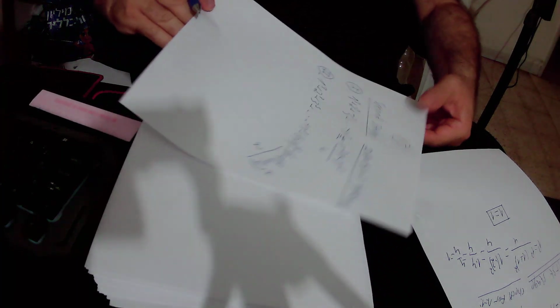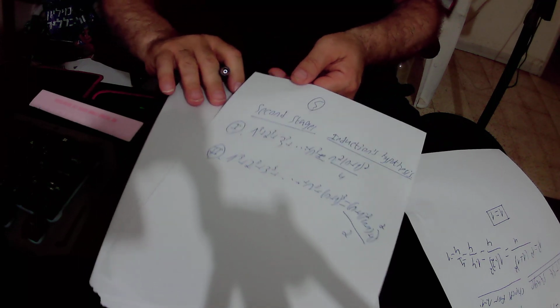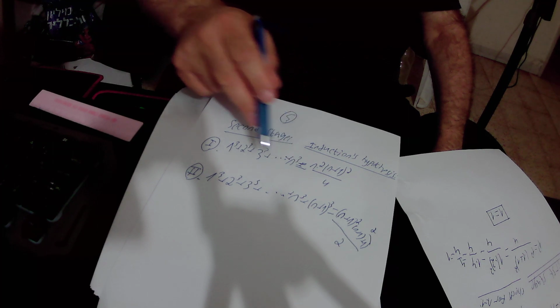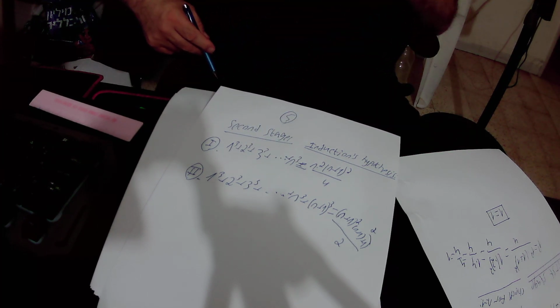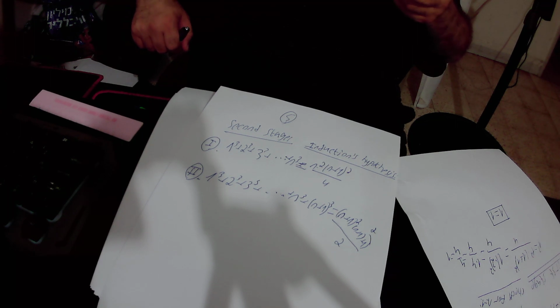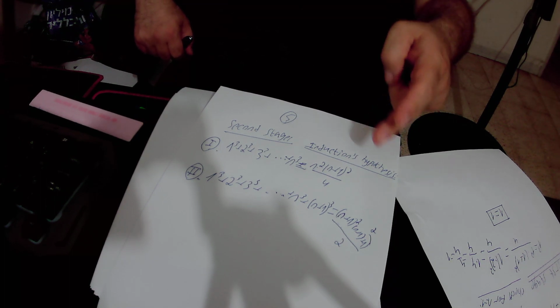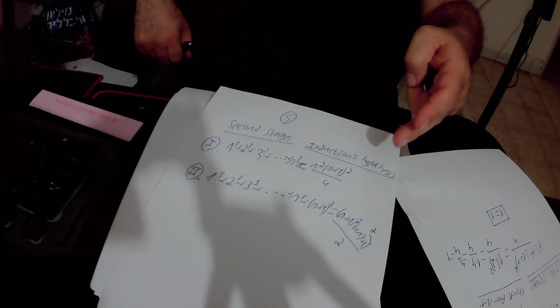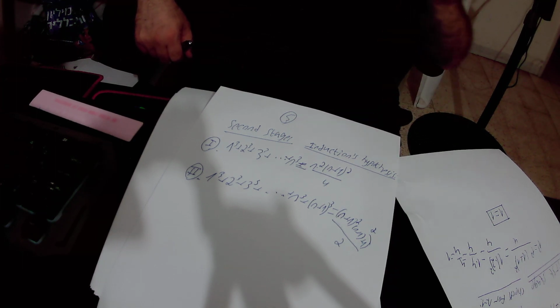So the expression for n plus 1 that we have to prove is true will be 1 to the power of 3 plus 2 to the power of 3 plus 3 to the power of 3 plus n to the power of 3 plus n plus 1 to the power of 3 equals n plus 1 squared times n plus 1 plus 1 squared divided by 4.